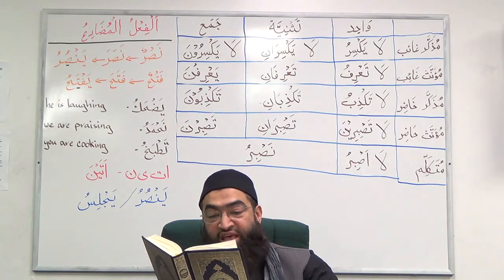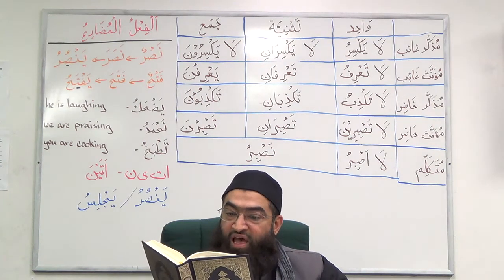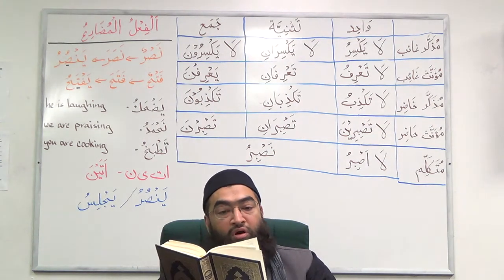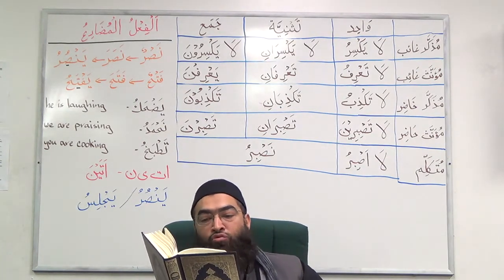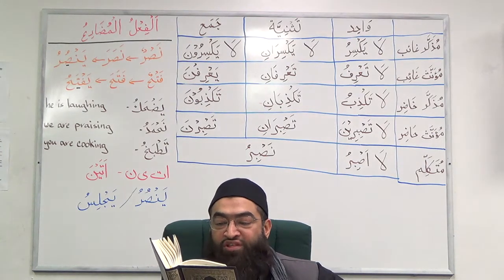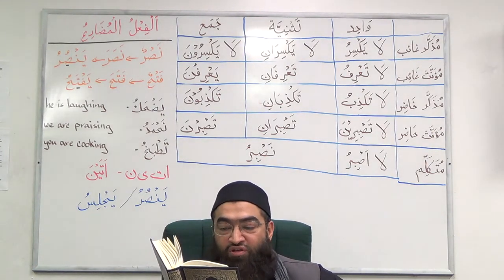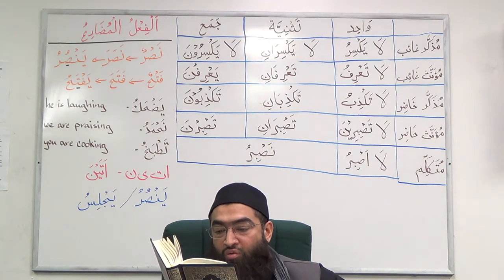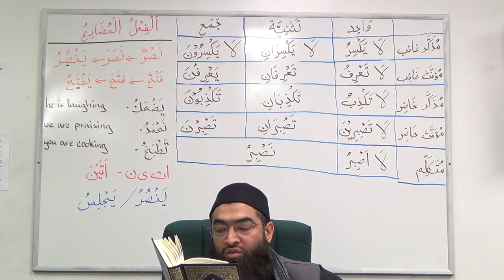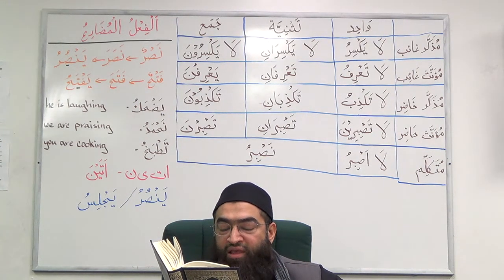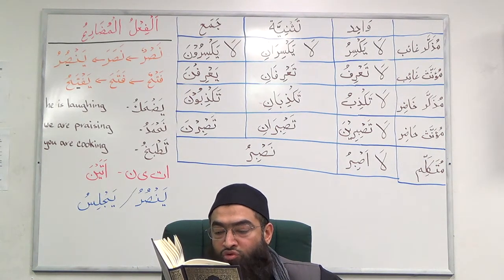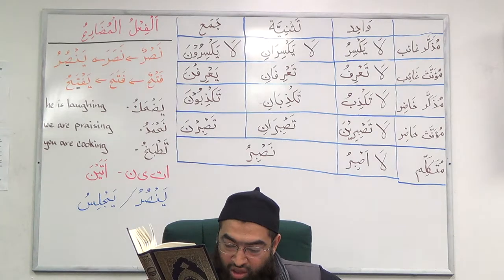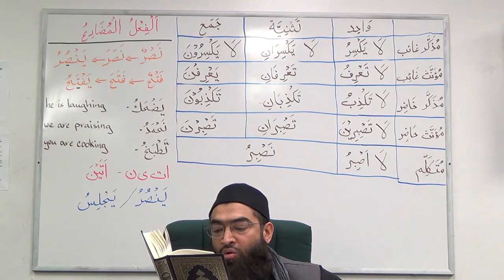Okay, Suratul Zilzal. Suratul Zilzal is surah number 99. إذا زلزلت الأرض زلزالها. زلزلت was فعل ماضي and it had 4 root letters. وأخرجت الأرض أثقالها وقال الإنسان ما لها يومئذ تحدث أخبارها بأن ربك أوحى لها.